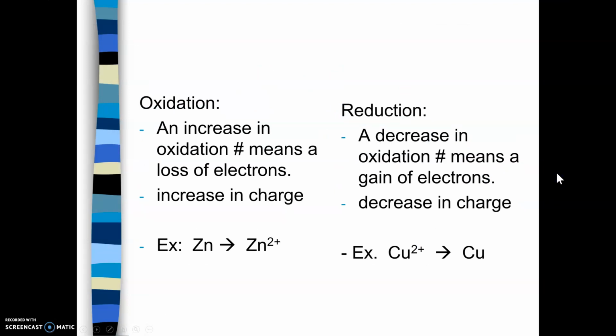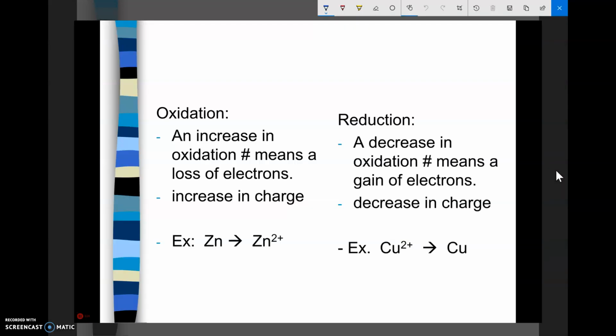This is just a reminder of things we did in Chem B. For oxidation, if we look at oxidation numbers, an increase in oxidation number means that we have a loss of electrons. And so remember, that's an increase in charge. The only two things you need to know about oxidation numbers are right here. If you have an elemental element, which means that it's just by itself, it's always going to be 0.